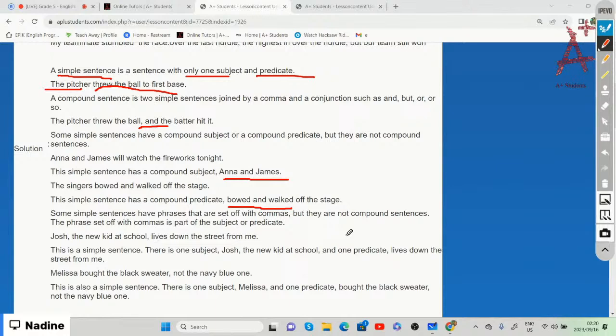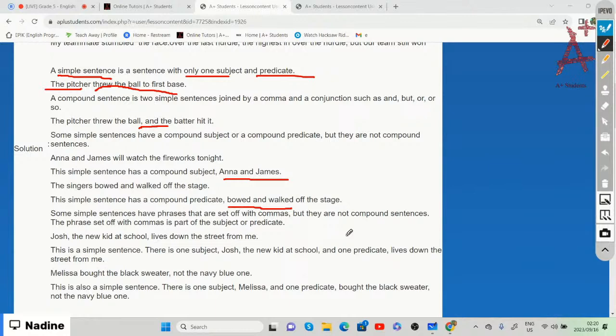But now we have a compound predicate, and a compound predicate is basically two verbs or two actions that are taking place, but it is still a simple sentence, right? It's just that the compound predicate is two actions being done.